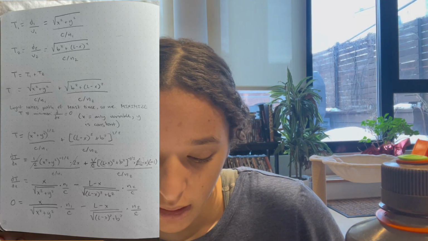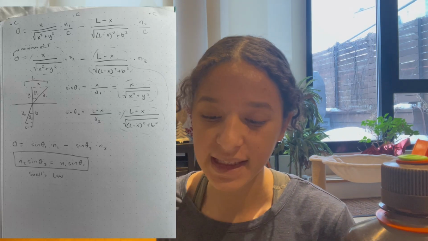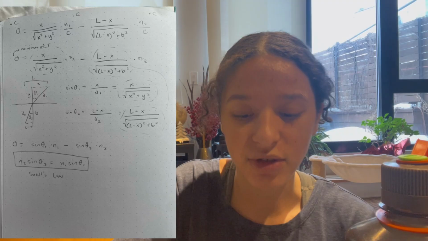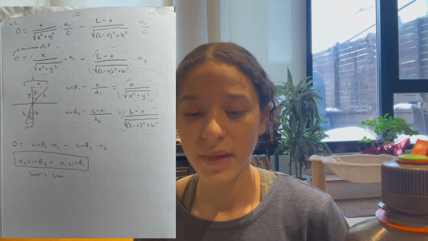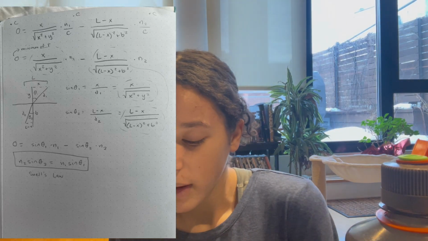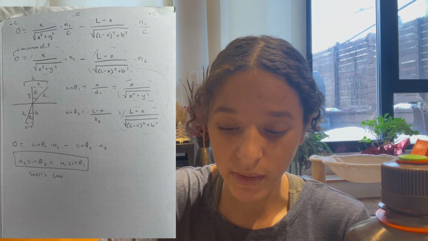Okay, so first thing I'm going to do is multiply both sides by c. So 0 times c is still just 0, and it cancels both of the c's. Next I want you to go back to the equations we made at the beginning. Notice that x divided by the square root of x squared plus y squared, which is what we have right here, was just equal to sine of theta 1.